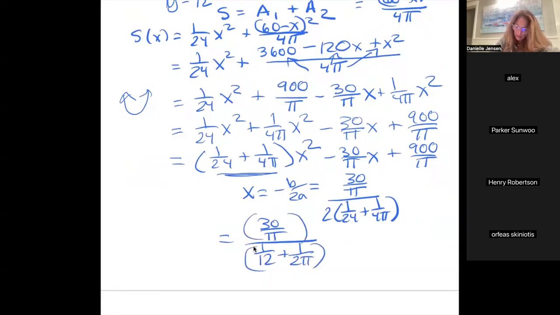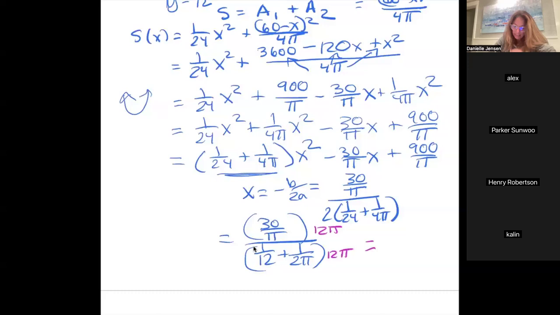And now to get rid of the complex fraction, which should I multiply both the numerator and the denominator by? 2 pi? 12 pi. Let's do 12 pi, right? Because we want the least common denominator, so I want to take care of that 12 as well. So 12 pi over 12 pi.